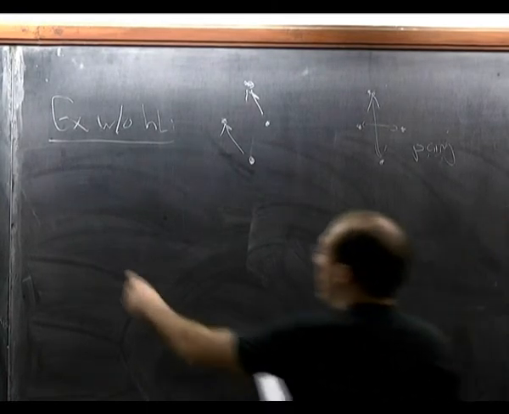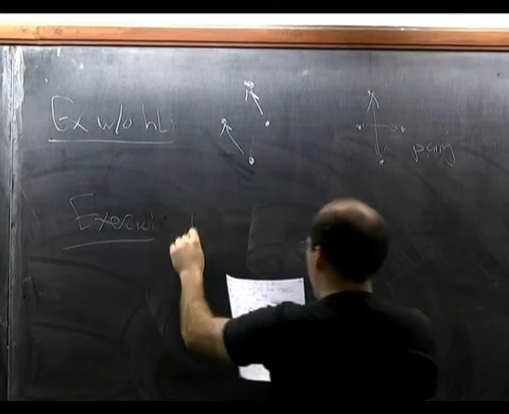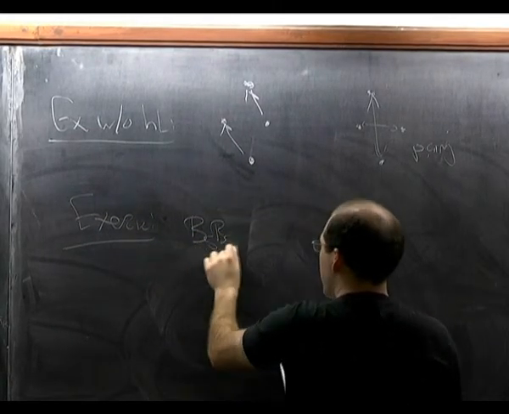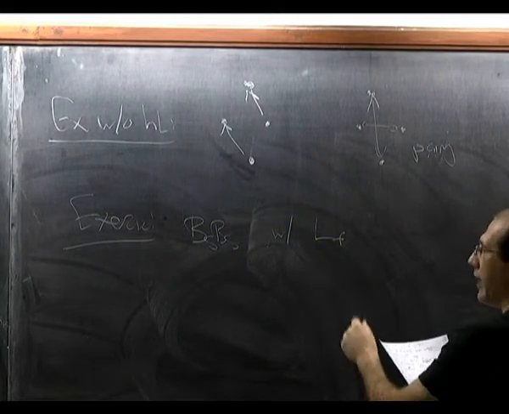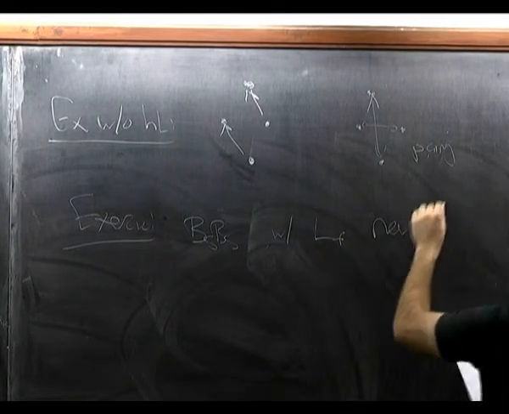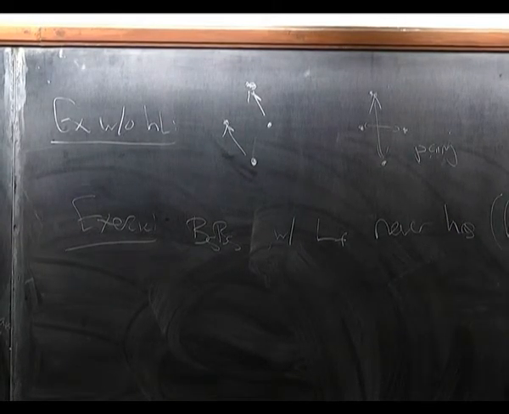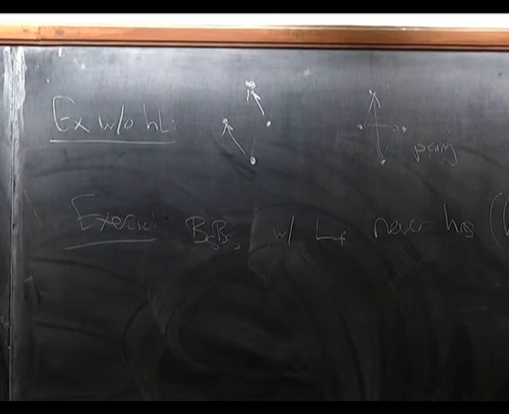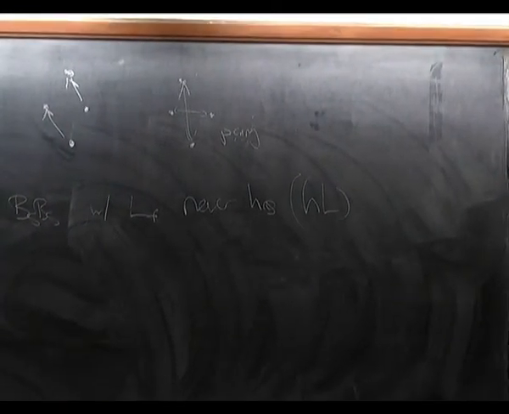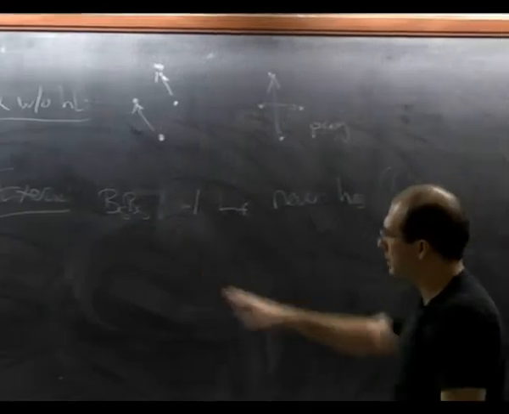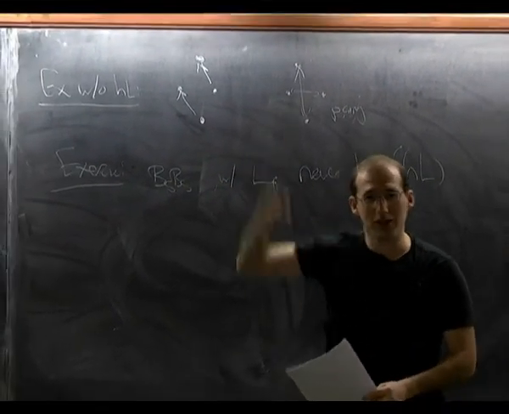So in fact, I did this for a reason. The exercise is to show that BS with left multiplication by an element of F never has hard Lefschetz. One of the reasons you should think about why this is true is because BS is actually two copies of BS itself, one shifted down and one shifted up.